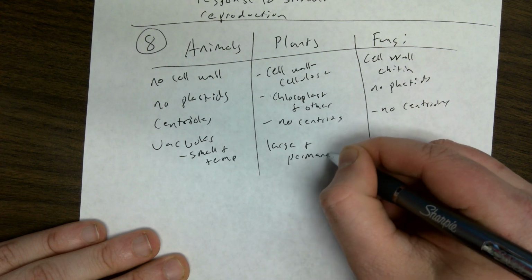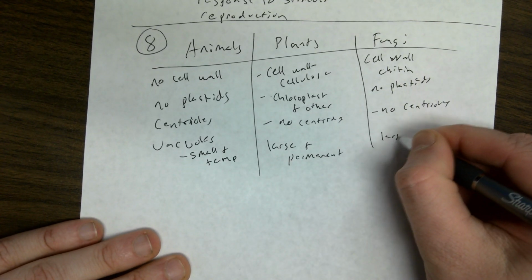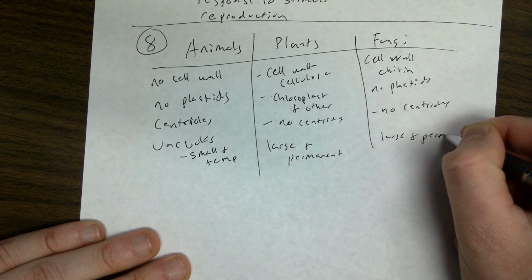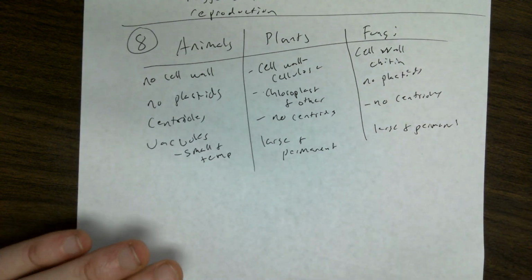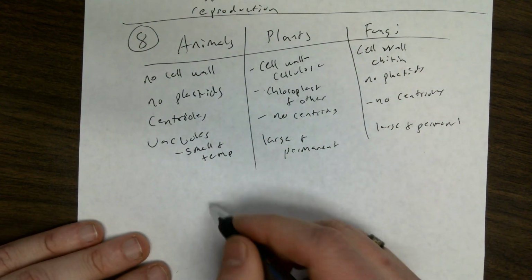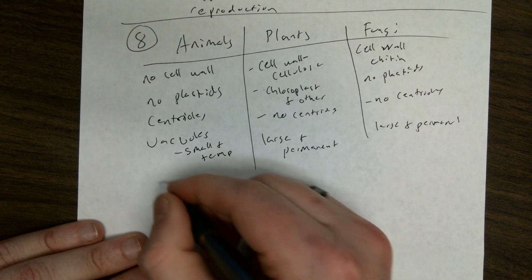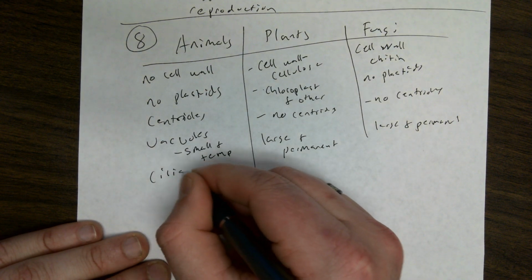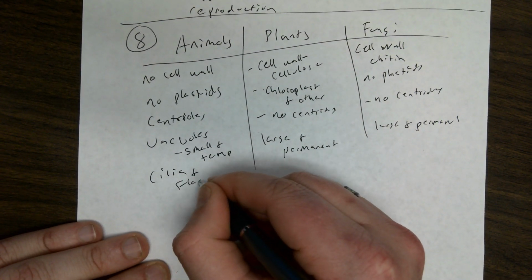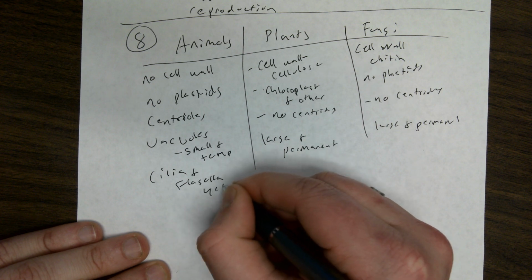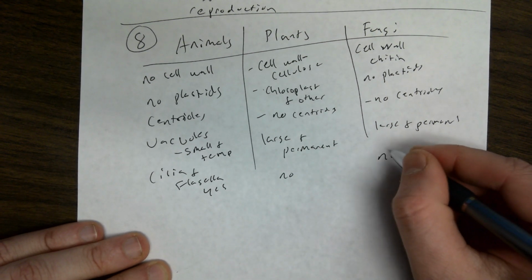Now it would have been smarter to write it over to the side like that for all of them. And these can have cilia and flagella. Yes, no, no. That was way faster.